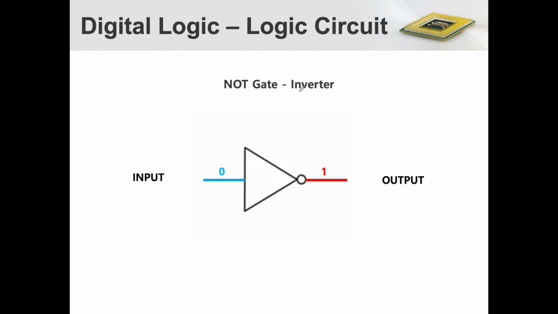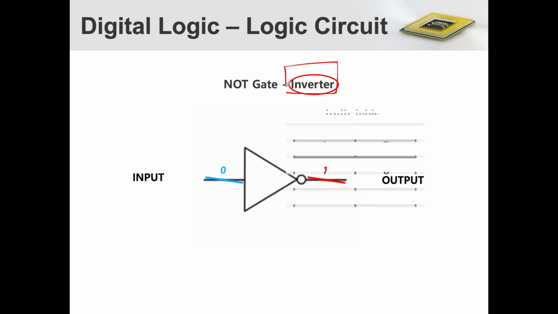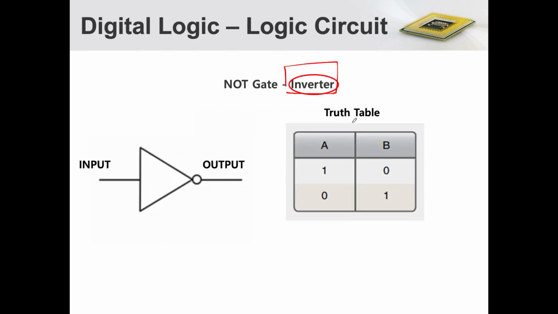So it can be said to invert, because if you check the truth table, you can see over here you have A as the input, and then B as the output. So every time you have A or input 1, or also you can call it high or on, the output will become low or off.